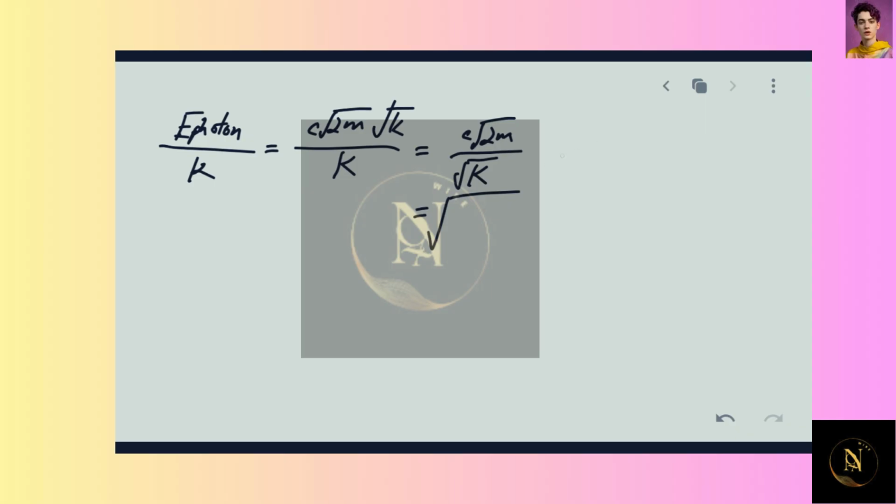Putting everything into the square root of the bracket, we get 2mc squared over K.